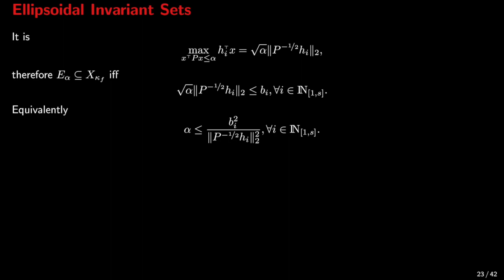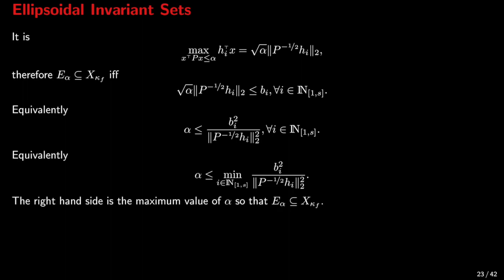So alpha must be less than or equal to all these quantities. Equivalently, alpha must be less than or equal to the minimum of all these quantities, the minimum over i from 1 to s. The right hand side is the maximum value of alpha. It is the largest alpha we can choose.